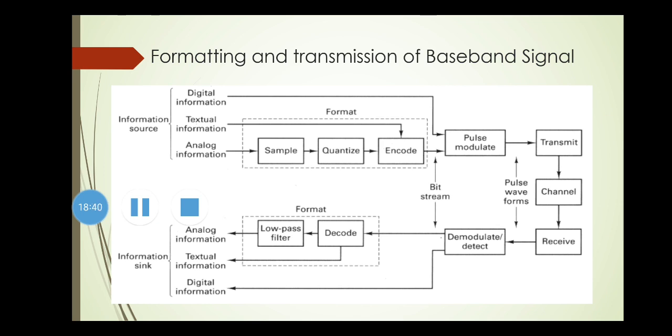Coming to analog information, if it is analog in nature, we have to sample that signal, quantize it, and then encode that quantized level of the analog information, giving a value to that sample, and transmit it as a bit stream to the pulse modulation block. That is what is transmitted by making use of a transmission channel. Once it is received at the receiver, it will be a pulse waveform, so we have to demodulate it back or detect it back.